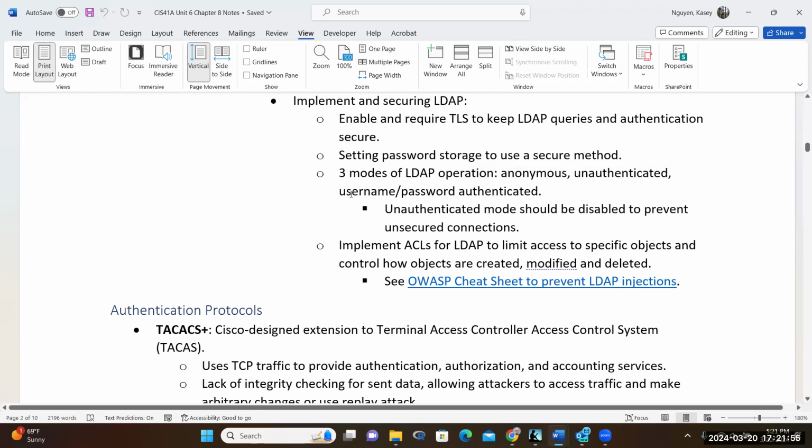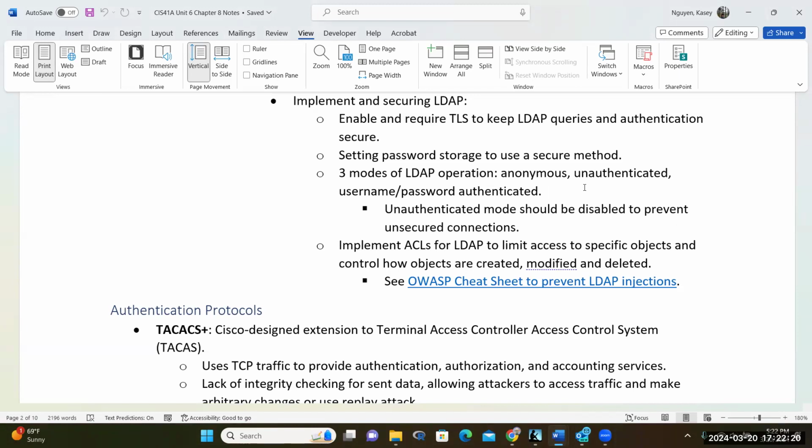So when you're using a username and password, that is authenticated, and the unauthenticated mode should always be disabled. That's kind of like you can access the domain without saying who you are, right? Public domain, yeah, you can find static information on there, but when you have interaction with the system, you need to make sure that we want to have accounting.